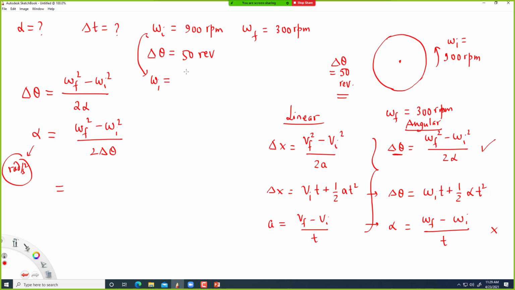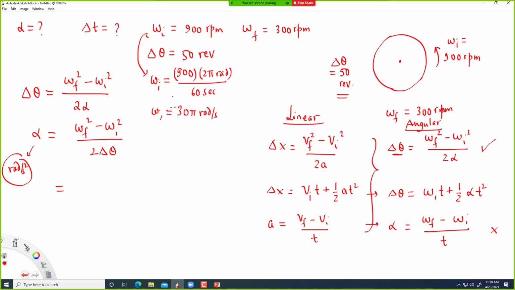So 900 revolution, in one revolution there is 2 pi radian, and per minute means in 1 minute we have 60 seconds. So that will give us omega I, which would be 30 pi radian per second.